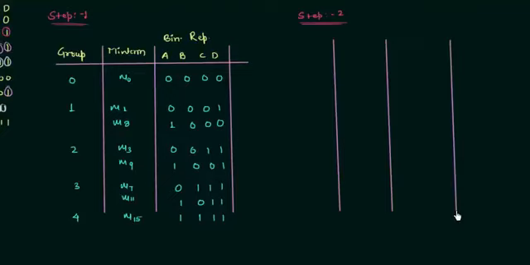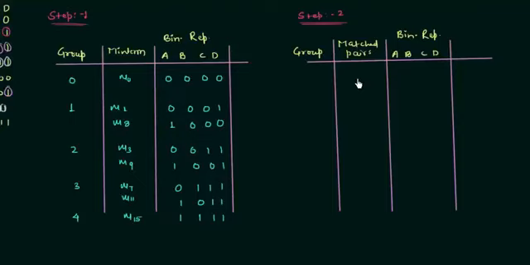Okay, the first column is for group, the third column is again for binary representation A, B, C and D. Now this second column will have the matched pairs. Now what is this matched pair?